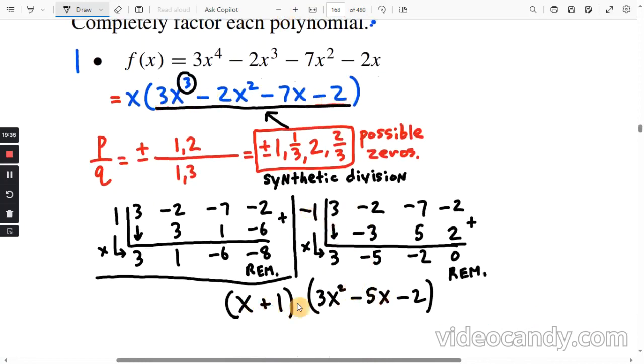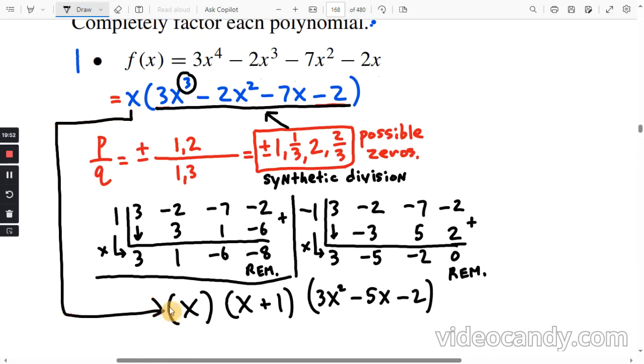We use synthetic division to break it up. And also don't forget we still have this x here as well. So you don't want to forget about that. So we have this x here, and this right here, we use synthetic division to break it up into x plus 1 and 3x squared minus 5x minus 2.